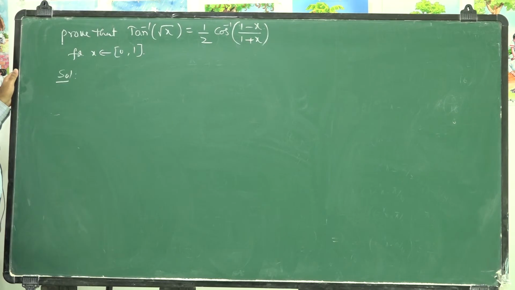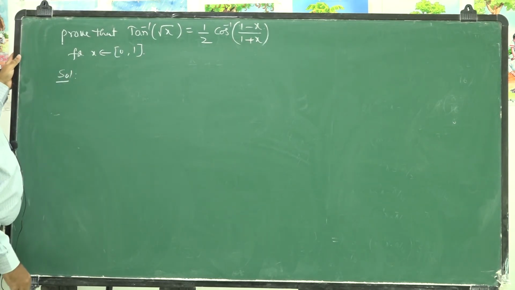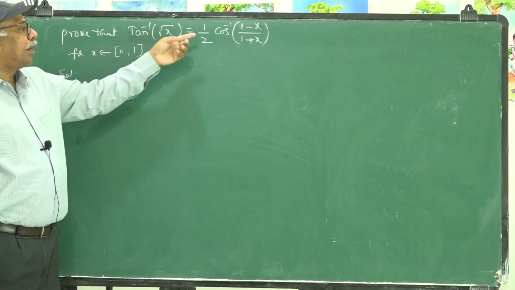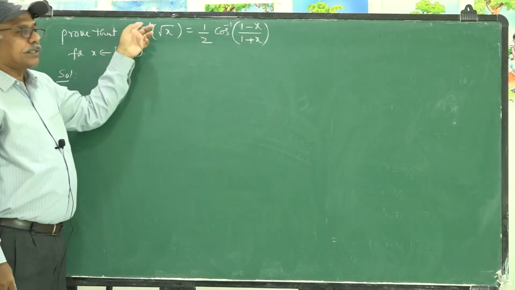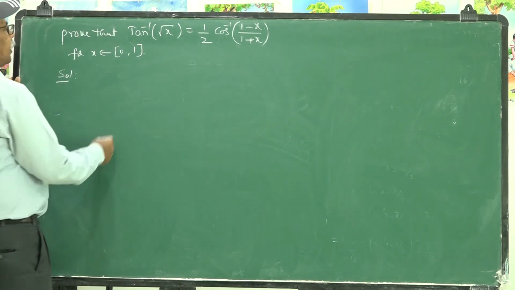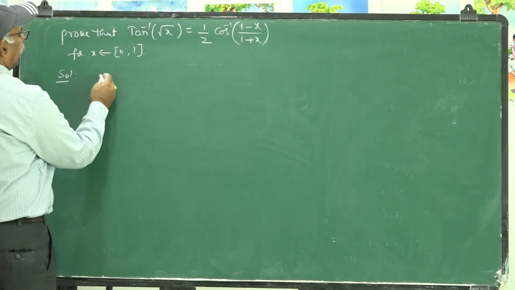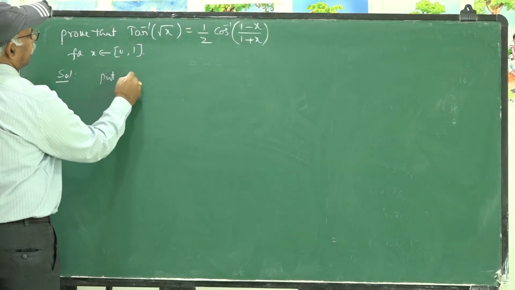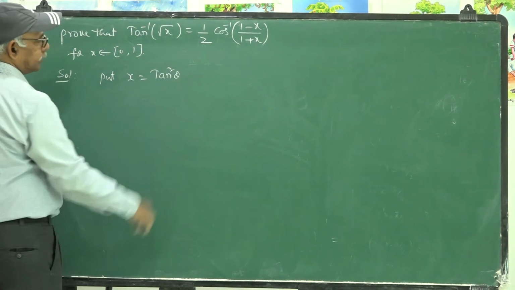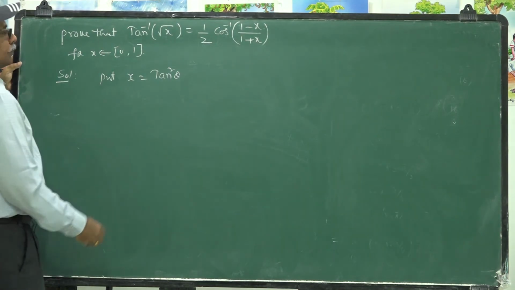Such problems can be proved by substitution method. By taking proper substitution, you can remove these inverse functions. To remove that inverse function, cos inverse, of course, put x equal to tan square theta.